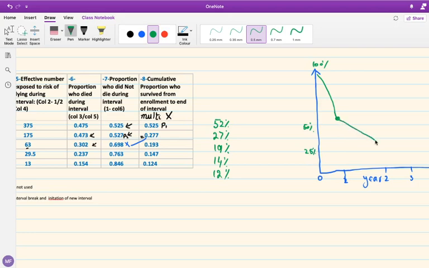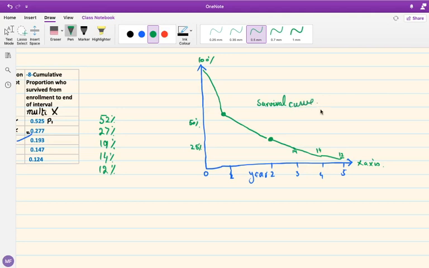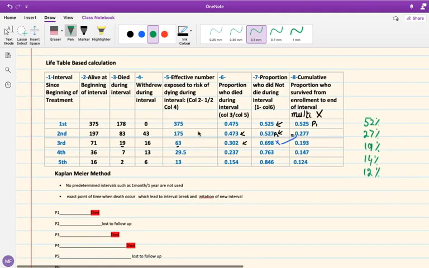For the second year the survival rate falls over here, to this time point, and from this time point if we extend it to the different values given as 19, 14 and then 12%, it is close to 0, but it never touches the x-axis. All right, so this is how you draw a survival analysis curve for observed life table calculations.